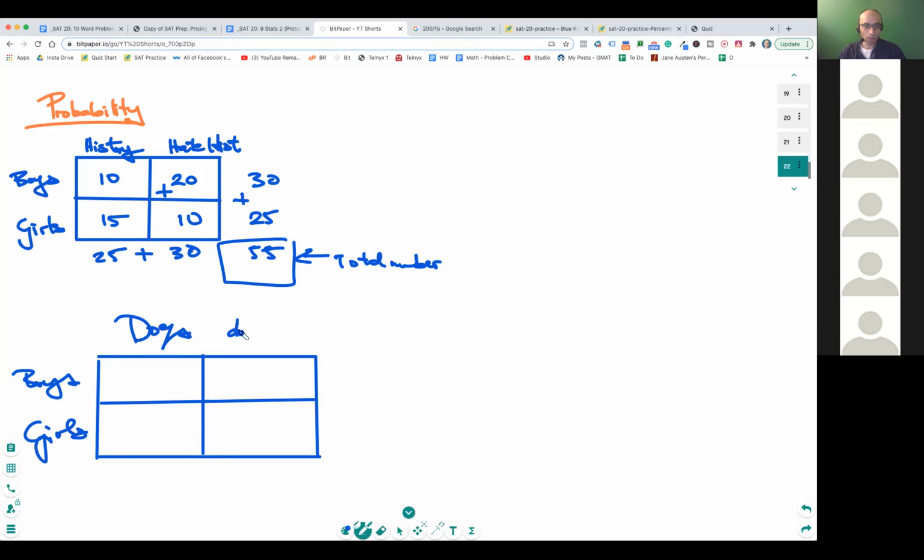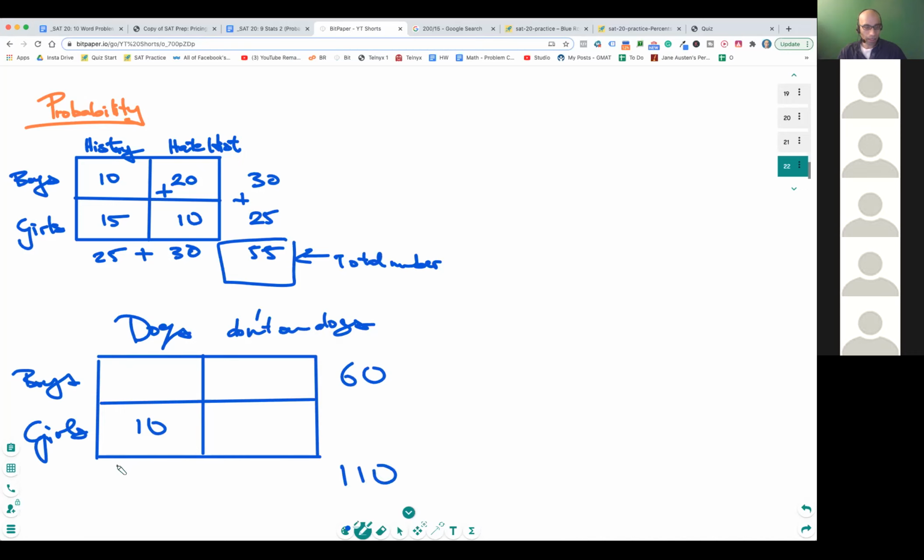Now, if I told you the total number of boys is 60 and the girls who own dogs is, let's say, 10. And then you were also told the total number of people is 100, maybe 110.